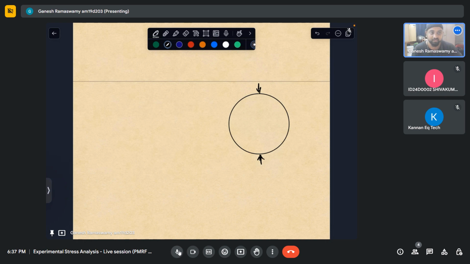Now we know that if this is xy, Ezz is nothing but sigma zz by E minus mu by E into sigma xx plus sigma yy. I'm just using double subscripts. Single or double doesn't matter that much.